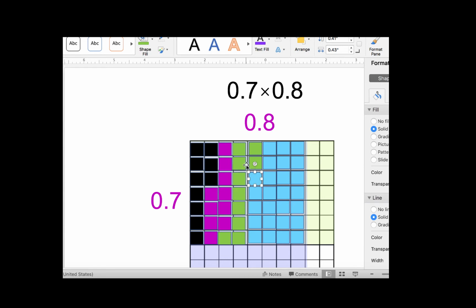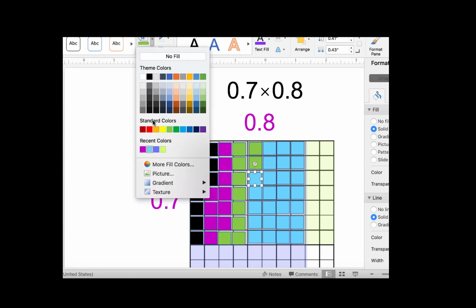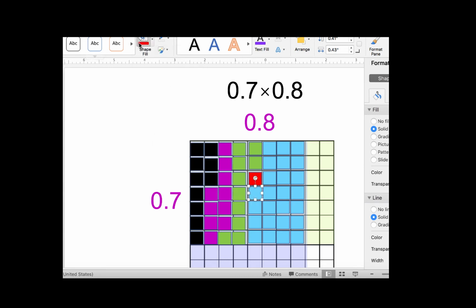Let's see if I can build another rod. 1, 2, 3, 4, 5, 6, 7, 8, 9, and 10. Okay, let's see if we can build another.